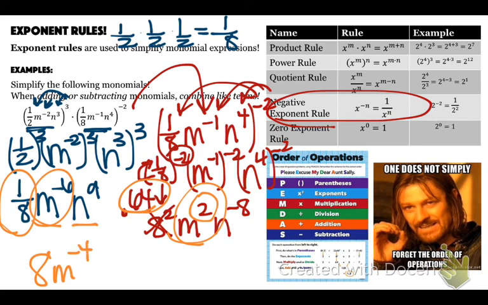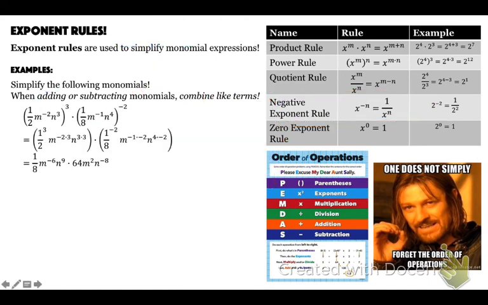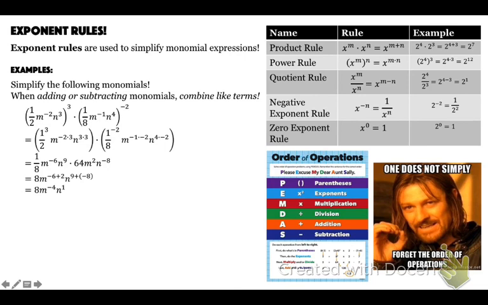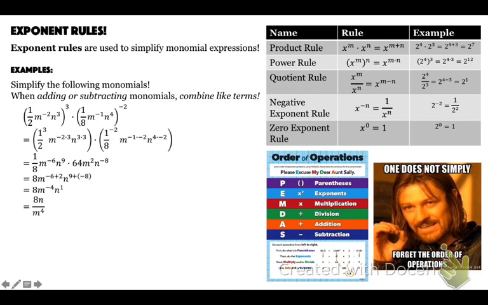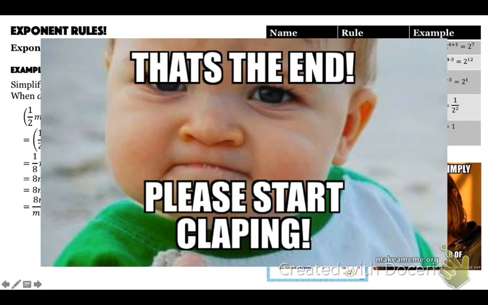Then 9 minus 8 is just 1, so now we have our negative exponent, it's going to drop. That's going to be 8n over m to the 4th. Okay, sorry that got a little messy inside of there. Hopefully you could follow. So here we multiply it out, and you get 8n over m to the 4th. That's the end. Okay.